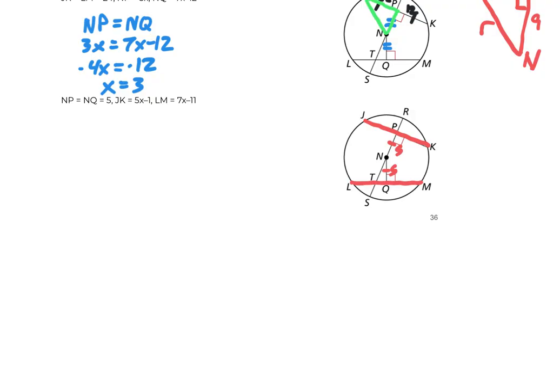They're equal to each other. So I'm going to set this expression equal to this expression. We're going to plug it back in to find out what the length of JK is, and then we can split it in half. They give you a little bit different information, but it's still essentially the same idea, just provided to you a little bit differently.